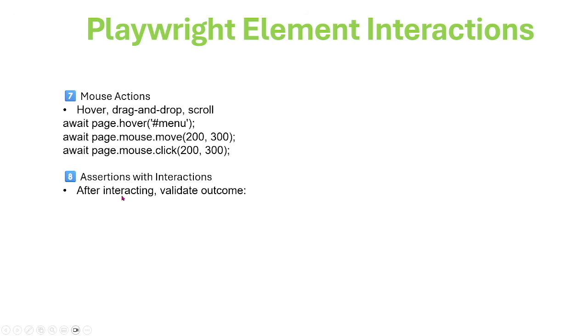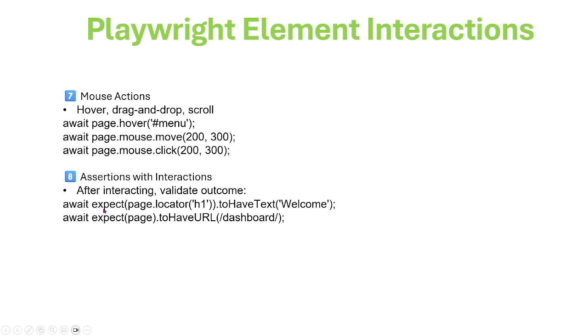After interacting, validate the outcome. Await expect this web element to have text welcome. And here, await expect page to have URL, URL includes dashboard.